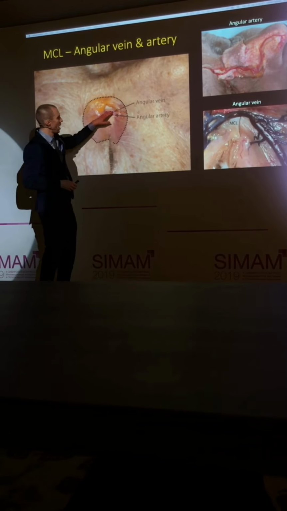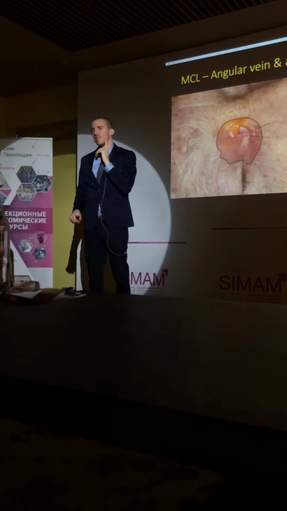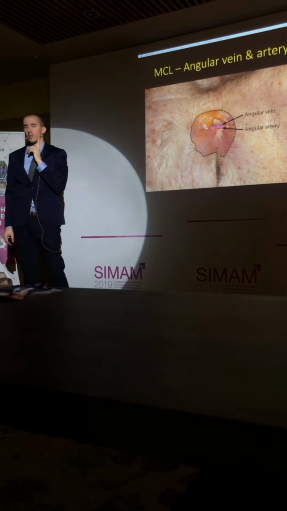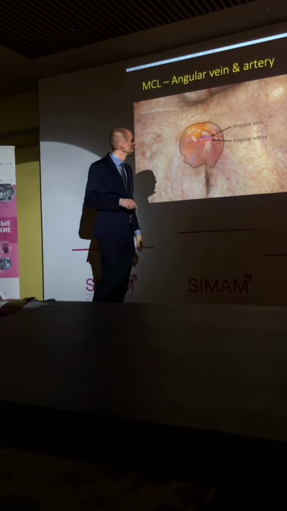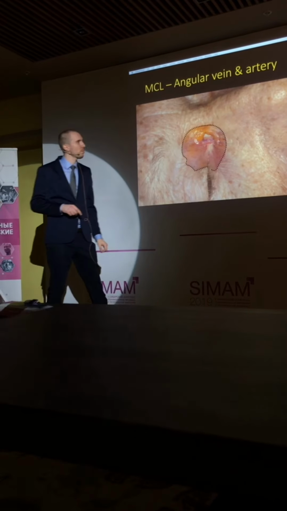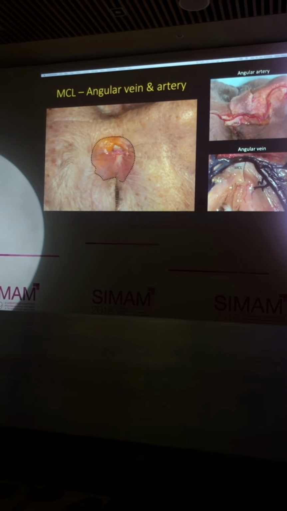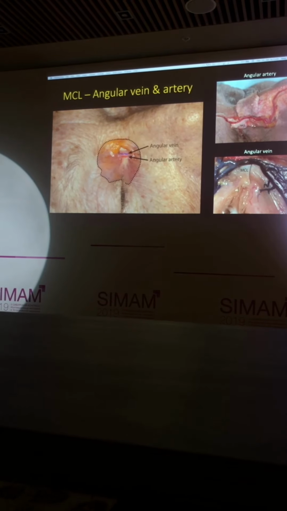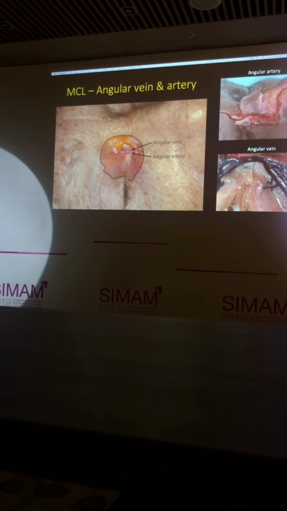Because from this point, the angular vein turns towards the mandibular notch, which we palpated at the very beginning. So remember, this is why it was so important to identify at the very beginning where the mandibular notch is.